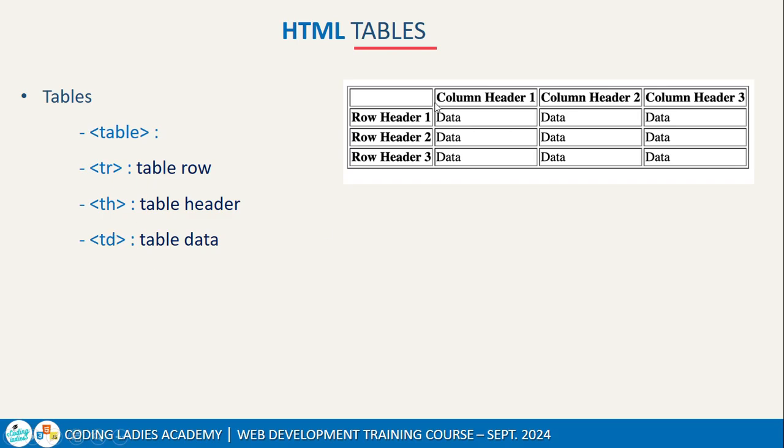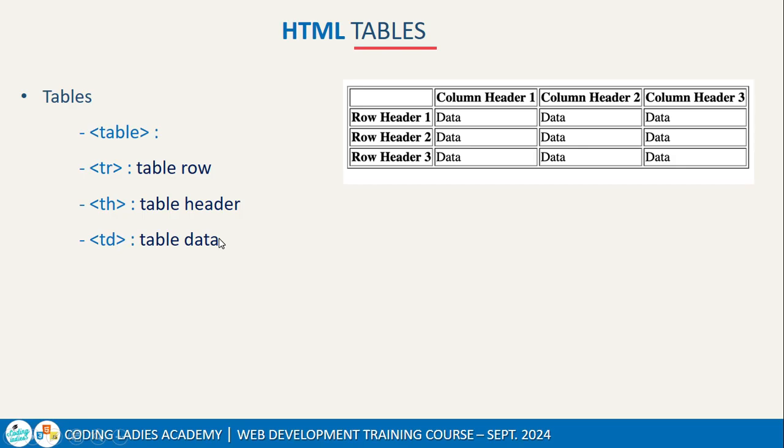Okay, so let's start. With the tables, we have the parent or the container, which is the table tag. Then we learned that a table has some tags like the table row.